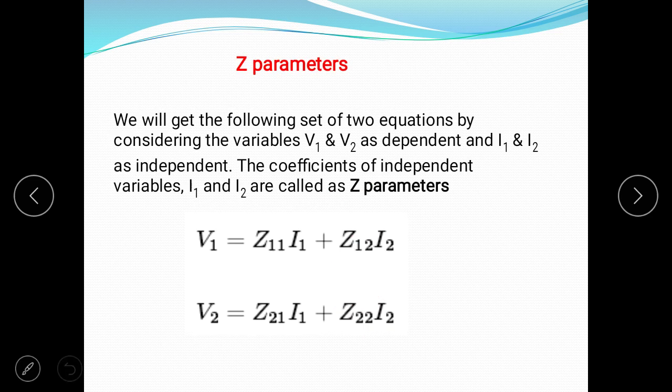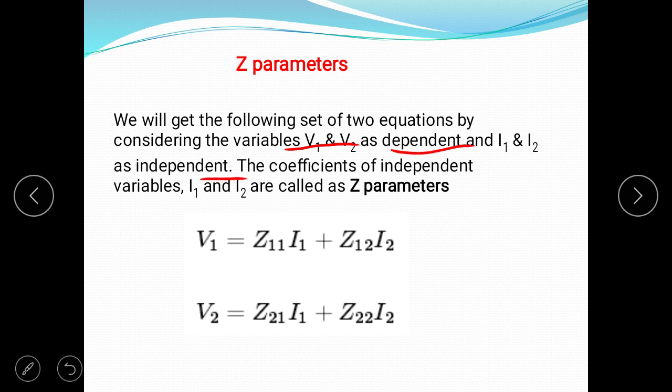So in this lecture we will discuss about Z parameters. What are the Z parameters and how these parameters can be obtained. So we get the following set of two equations by considering the variables V1 and V2 as dependent and I1, I2 as independent.